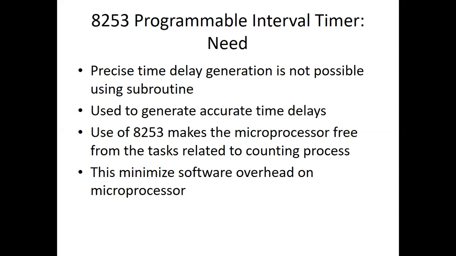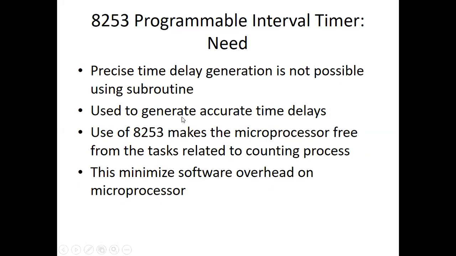So first, why do we need an interval timer IC? What is the need of the 8253 programmable interval timer? Basically, when we are using a microprocessor and we want to generate a time delay, precise time delay generation is not possible.